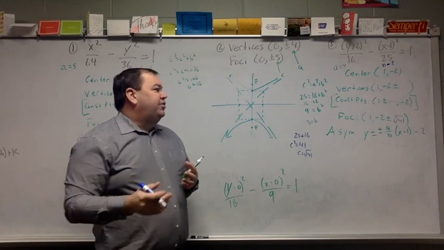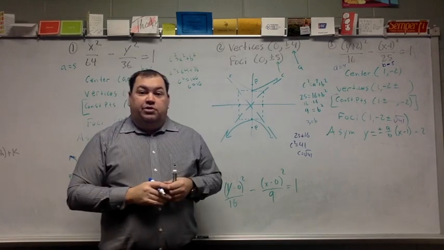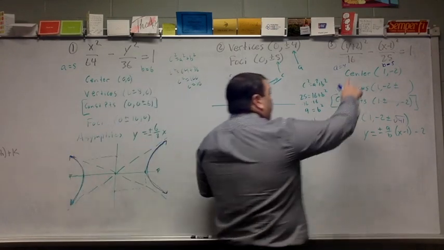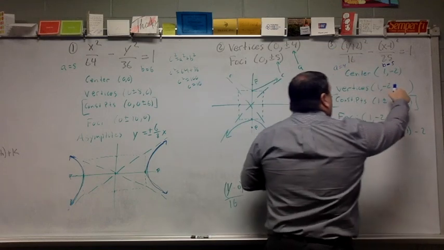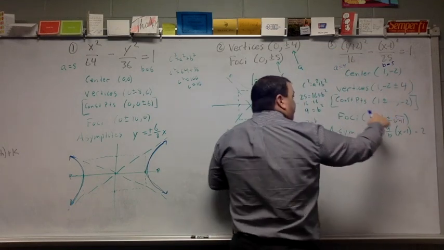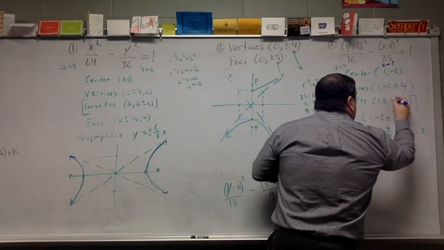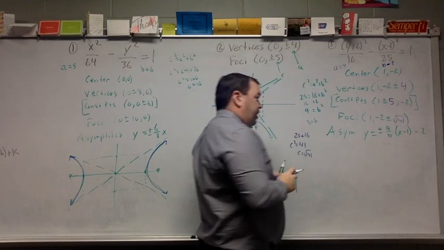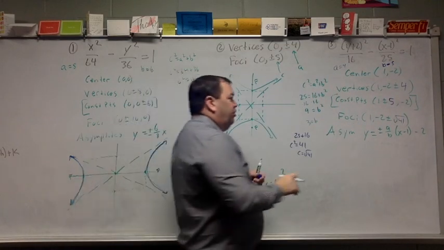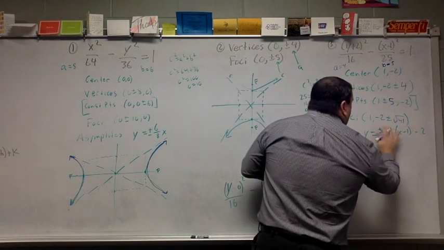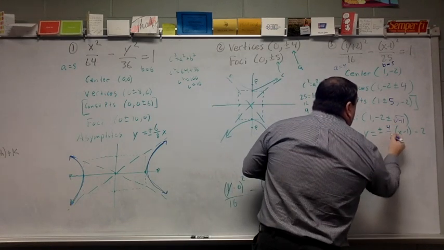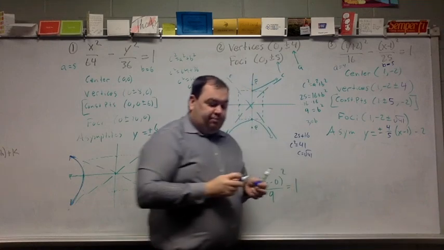It's not quite 7. That's going to fit in well with what we're talking about. For my y portion, I'm going to go up and down 4. For my construction points, I'm going to go up and down 5. And now I can fill in my slope here as well. I have a slope of positive 4/5 and negative 4/5.